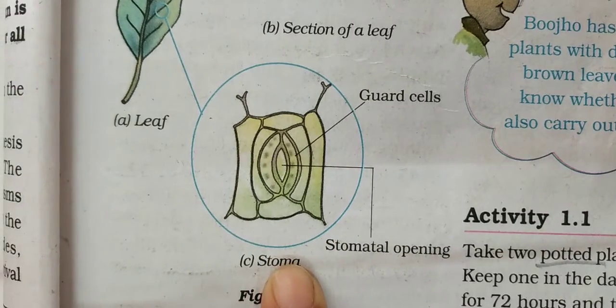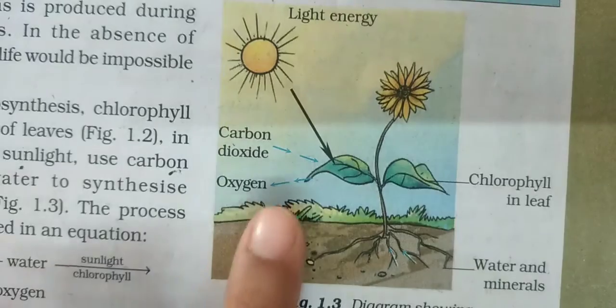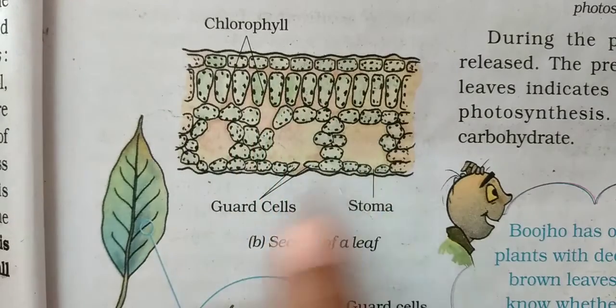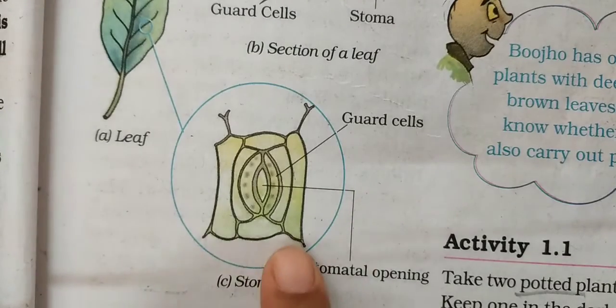So the figures you have to draw are: one, the diagram showing photosynthesis in plants; then secondly, the other two, the section of a leaf and the stomata.